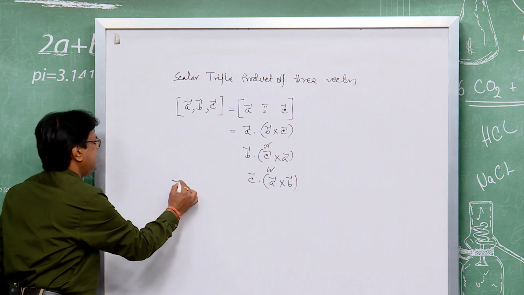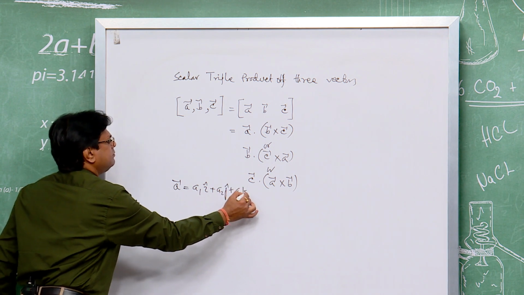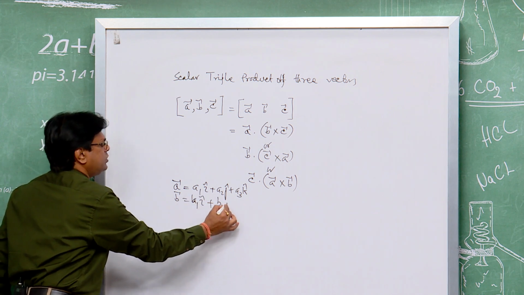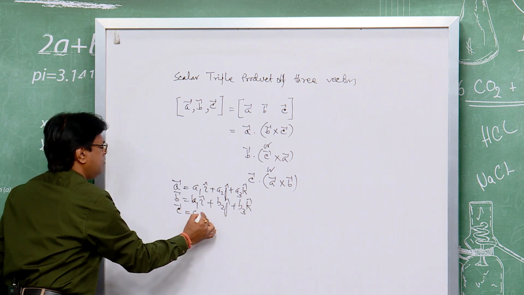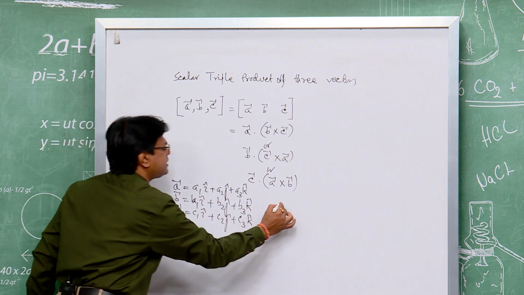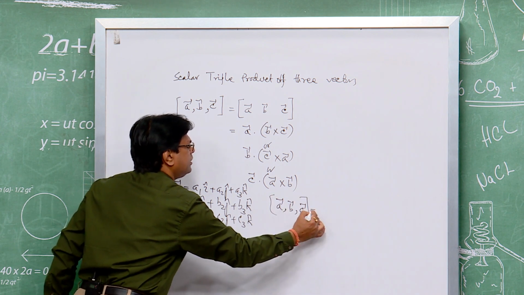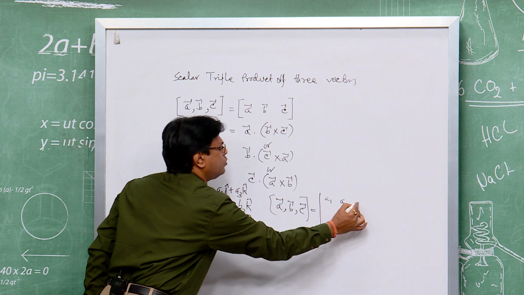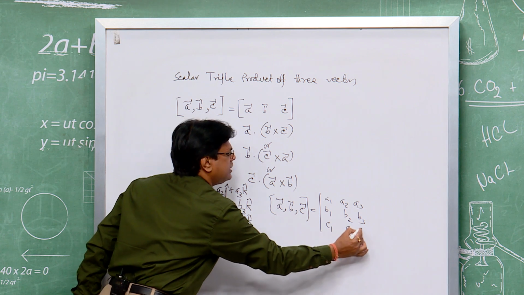If A vector is equal to A1 i cap, A2 j cap, A3 k cap, B vector is equal to B1 i cap, B2 j cap, B3 k cap, and C vector is C1 i cap, C2 j cap, C3 k cap, then can we say the scalar triple product of A, B, C is nothing but the determinant of the components A1, A2, A3, B1, B2, B3, C1, C2, C3.